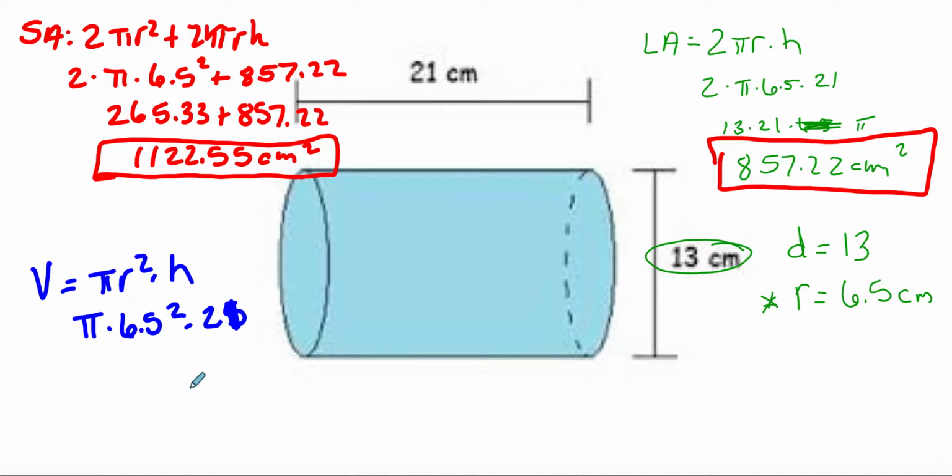So then I'm going to, again, go back and take 6.5 times 6.5 because that is 6.5 squared. Then I'm going to take that times pi, 3.14, times 21, and I get 2,785.965 centimeters, and since it's volume, it is cubed.